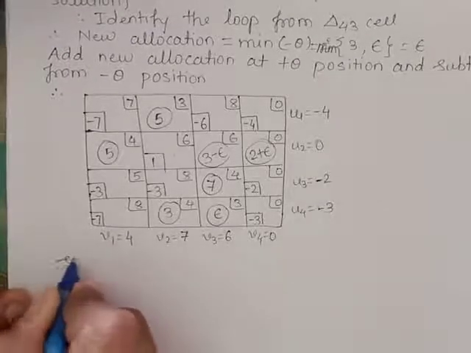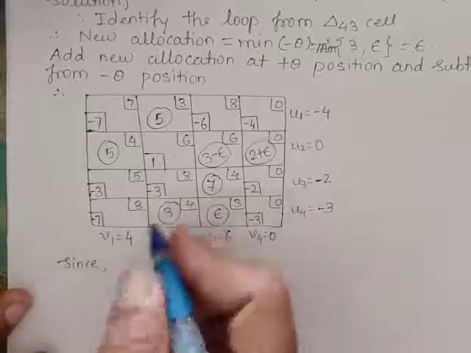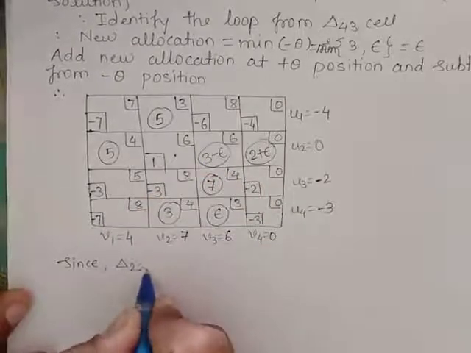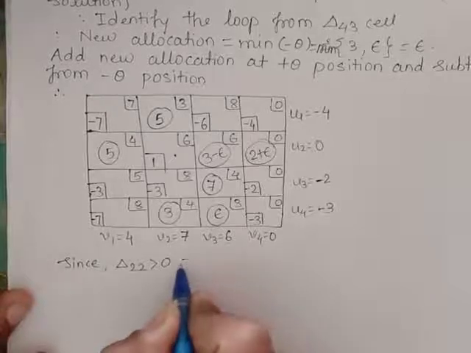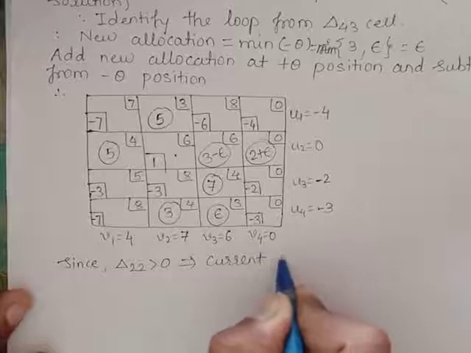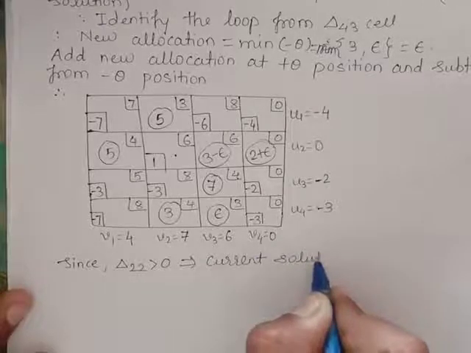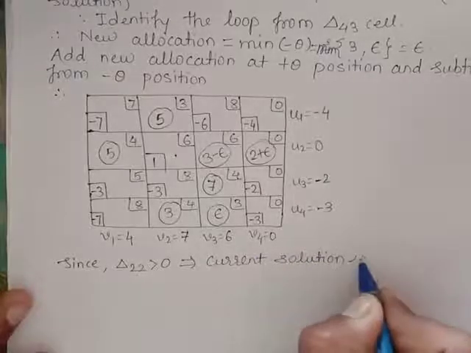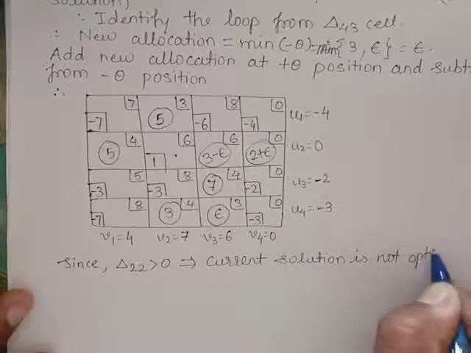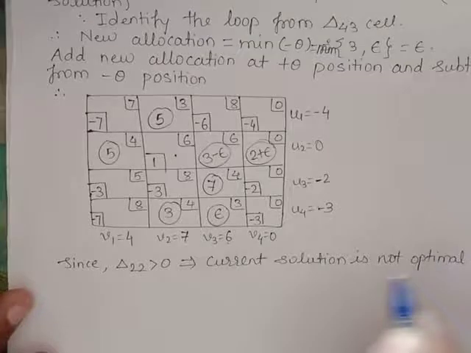So again, since delta 2 2 is positive, it implies the current solution is not optimal. Current solution is not optimal.